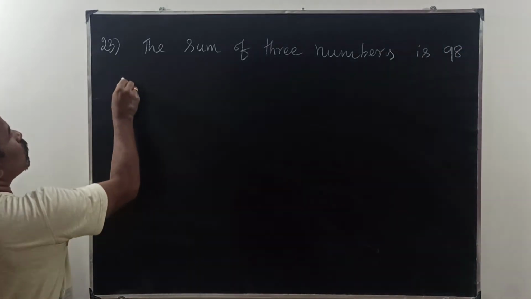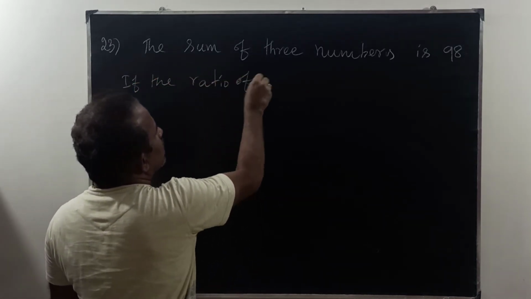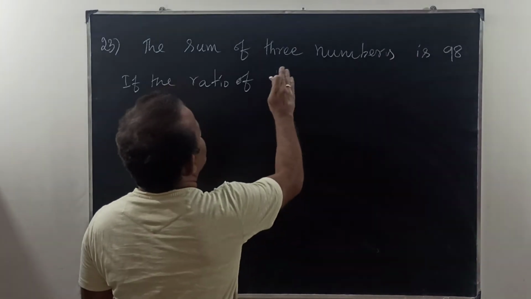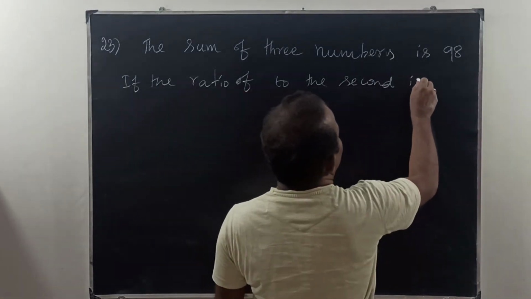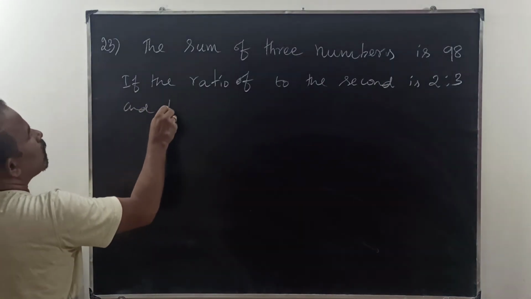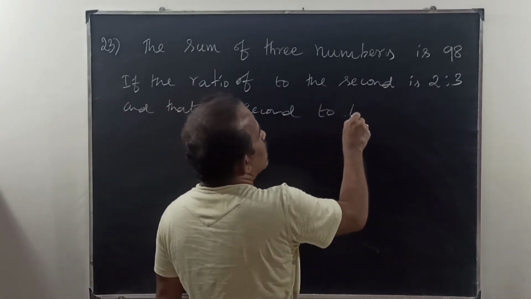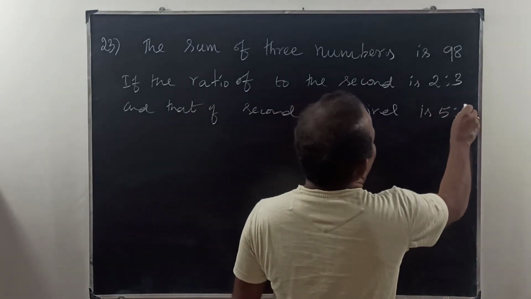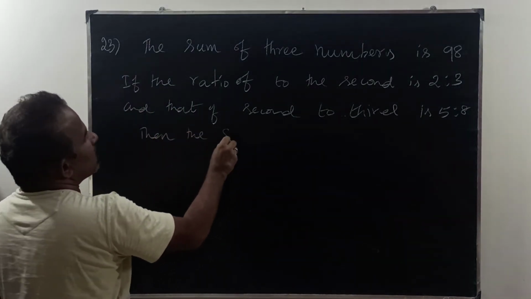If the ratio of first to second is 2 is to 3, and that of second to third is 5 is to 8, then what is the second number?